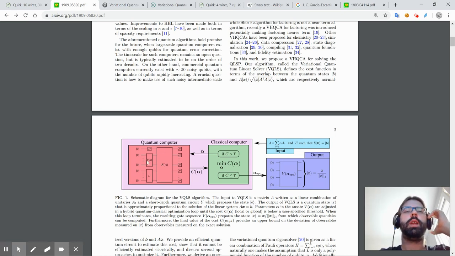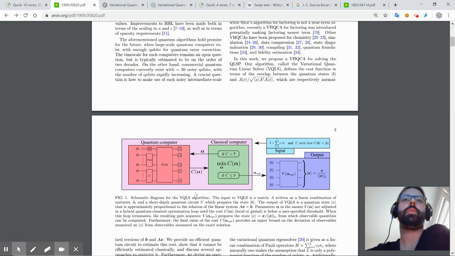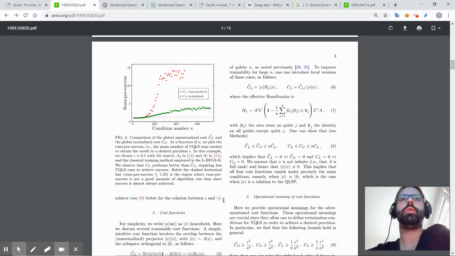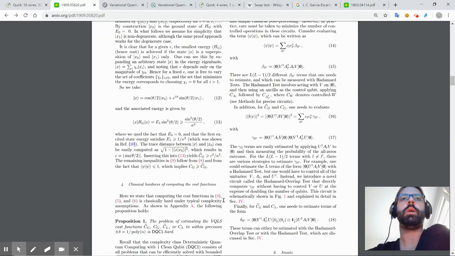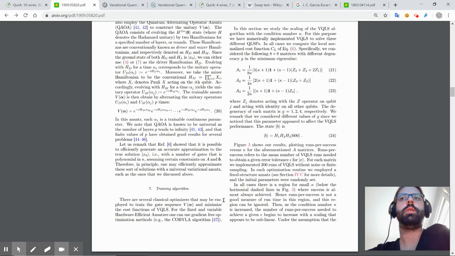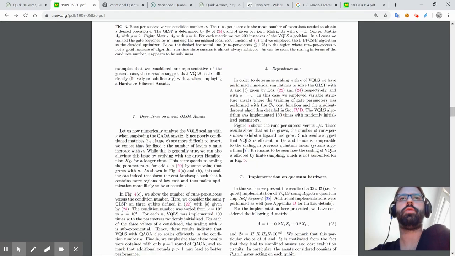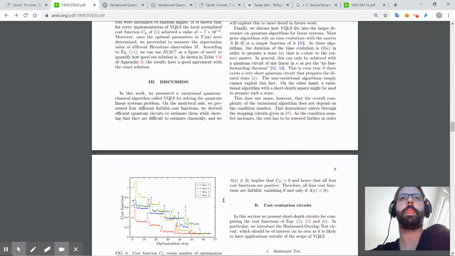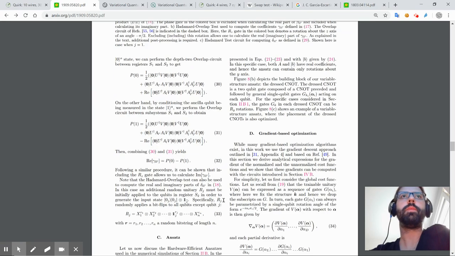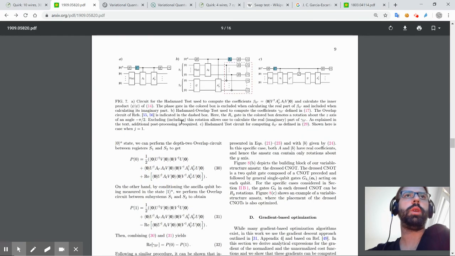You're preparing the ansatz, you're preparing U, and then you're doing different things. So you're doing a Hadamard test.